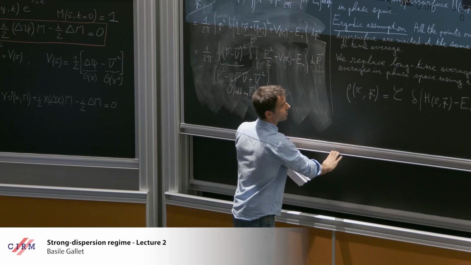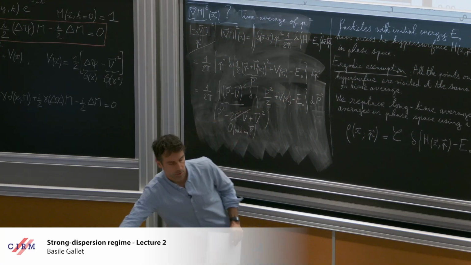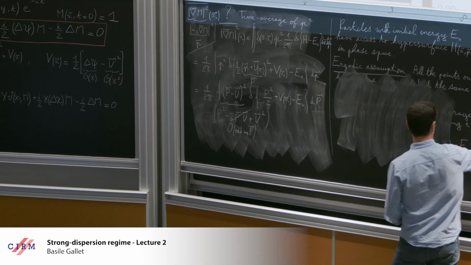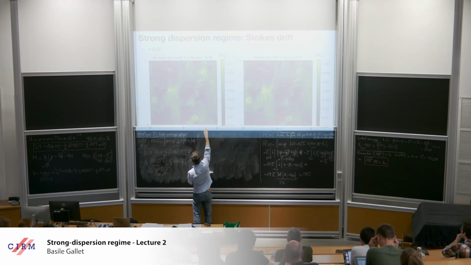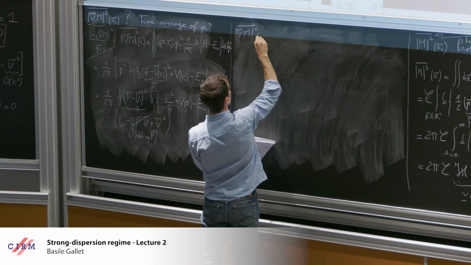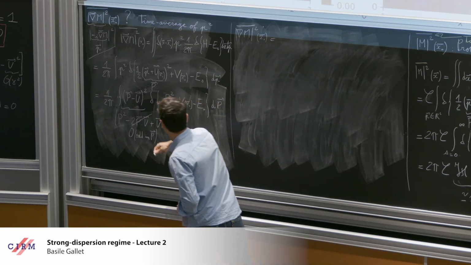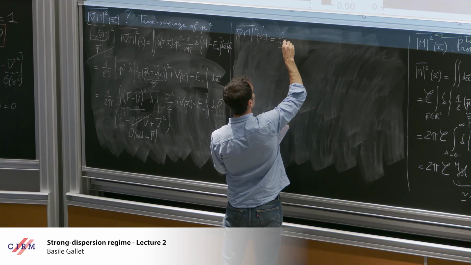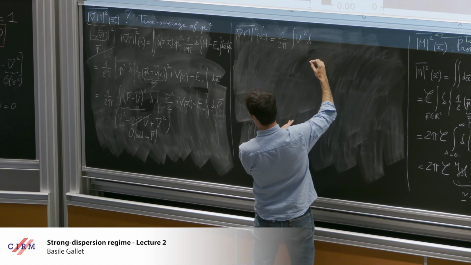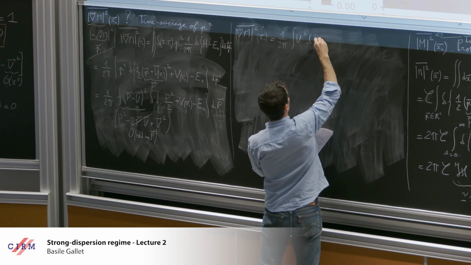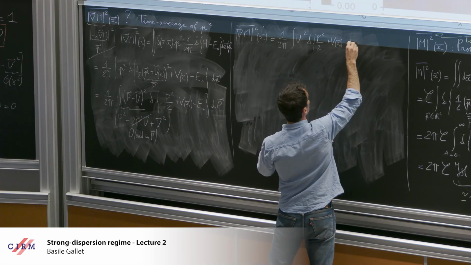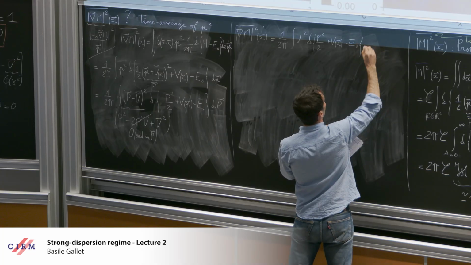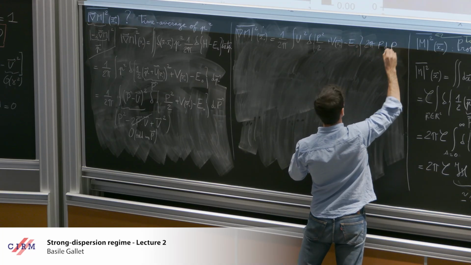So I'm left with two integrals. I have u squared times delta, the same delta as before, E0, 2 pi P dP, that's the first one.